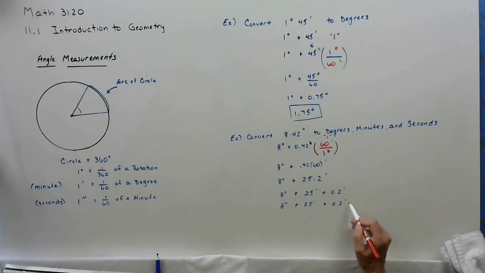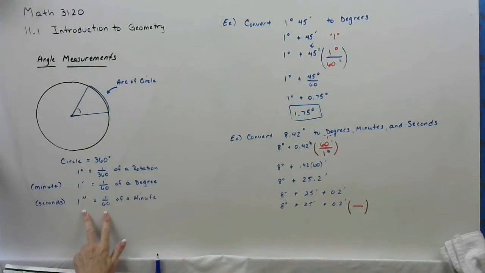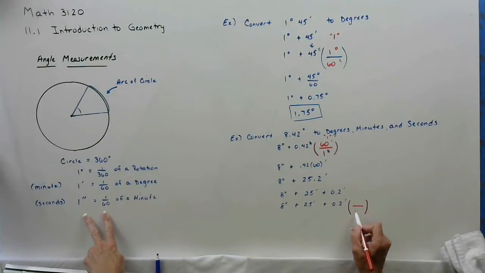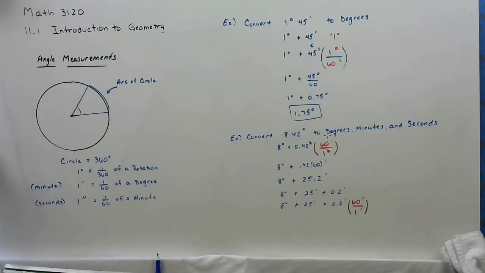Well, you and I both know that in 1 minute there are 60 seconds. We have that same thing written over here. So if I want to eliminate the minutes, I'm going to say 1 minute is exactly the same as 60 seconds.